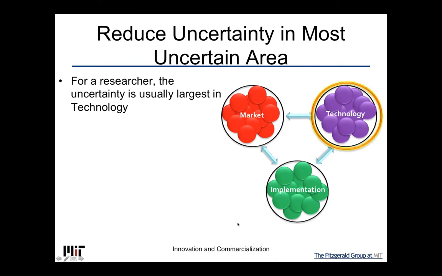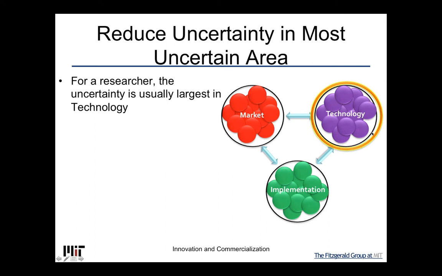Okay, so the technologist starts by focusing on technology, and it makes sense too if the researcher is doing a great job on early iterative innovation, which we'll talk about later.